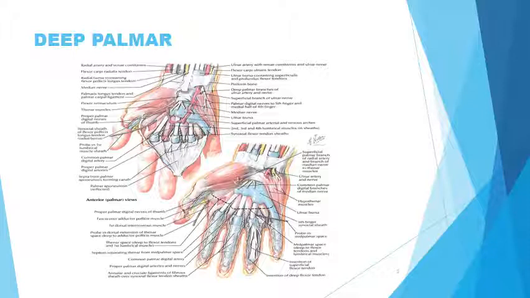The A2 and A4 pulleys are crucial to prevent the tendon from bowstringing when the finger flexes, moving away from the digit and the bone. So let's move on and look at the anatomy of the pulleys.